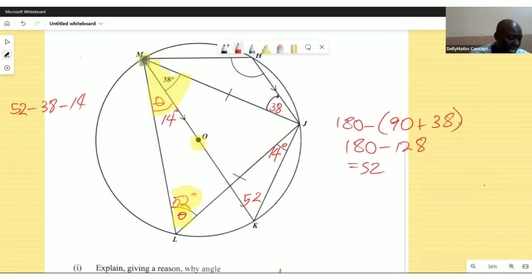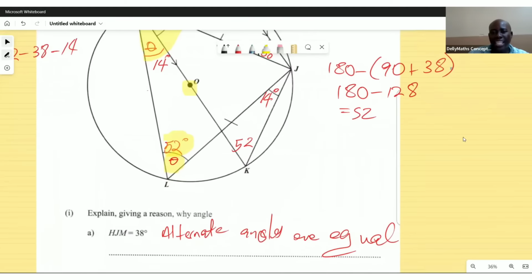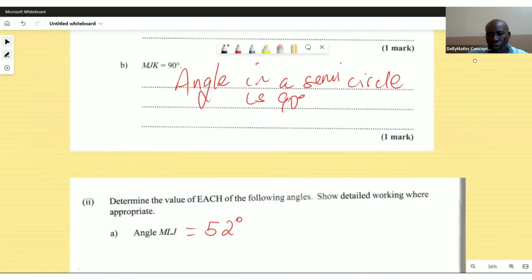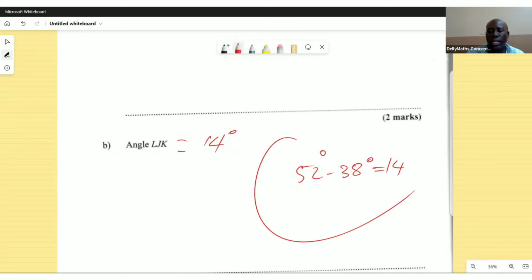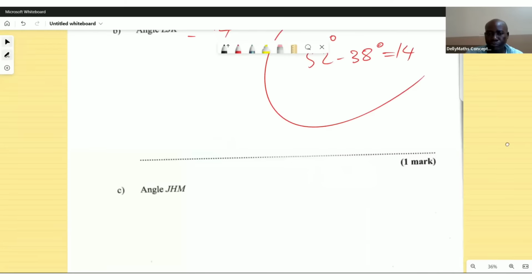So the answer for LJK is that angle here is 14 degrees. And they didn't ask for a reason. But the working out would have just been 52 minus 38, getting 14. And then we link the same segment idea. And that's what brought us there.